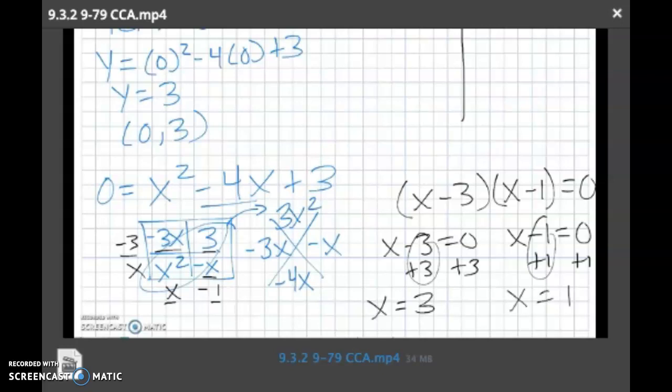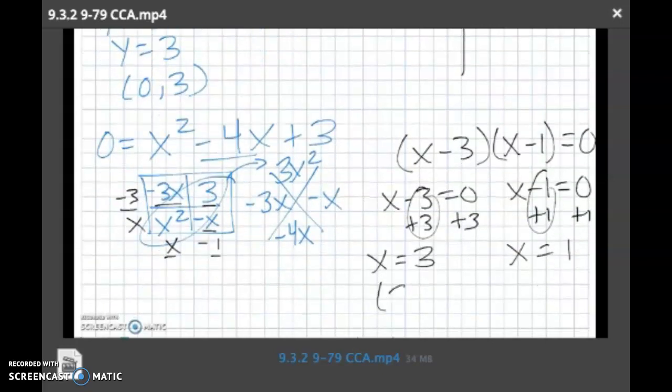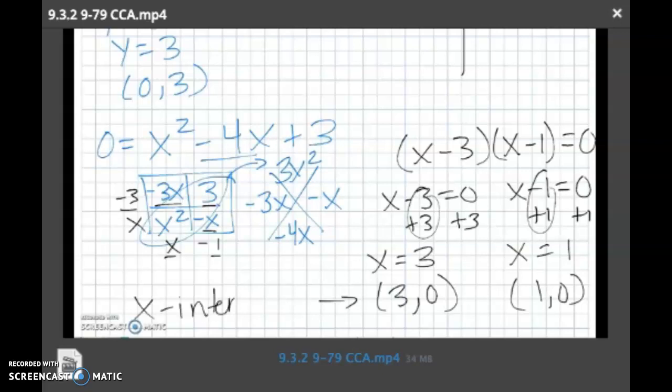We get that one of our x-intercepts is at 3, 0, and the other is at 1, 0. We had already graphed our y-intercept up here. So I'm going to go ahead and put those points on my graph: the points 3, 0 and 1, 0.